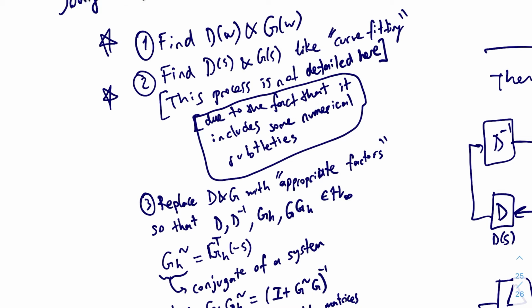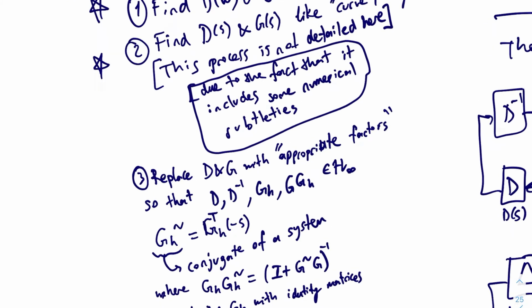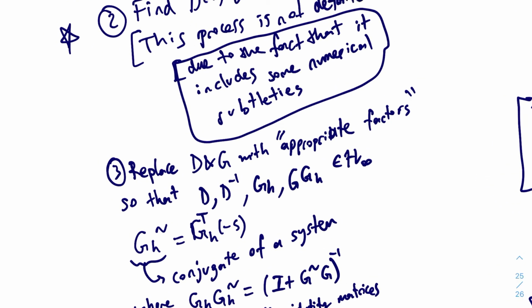This is for computer engineers or numerical people, division of labor 101. In the third step, replace D and G. We also need to do pre-processing for D and G with quote unquote appropriate vectors, and that requires some asterisks and additional information.